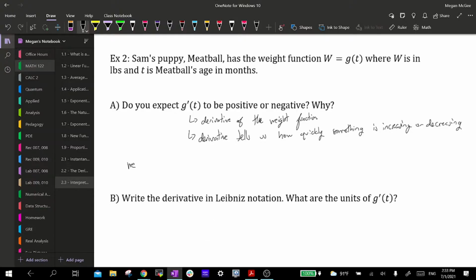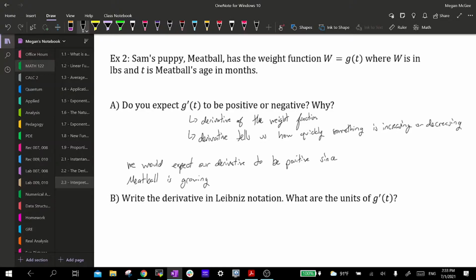So we would expect our derivative to be positive since Meatball is growing. Alright, so his weight should be increasing.